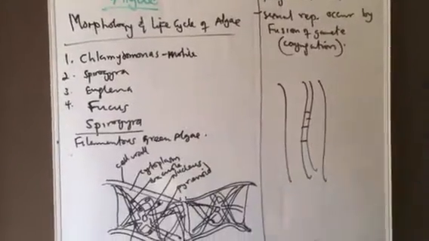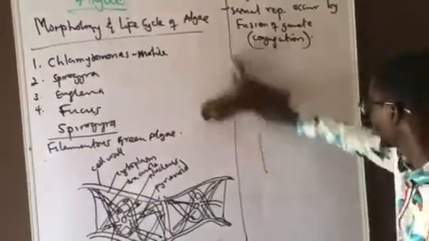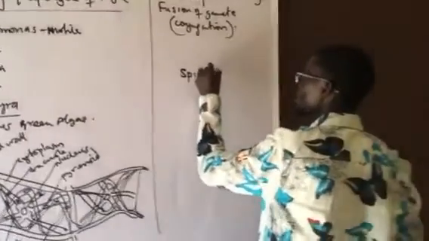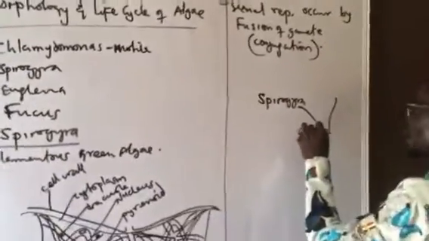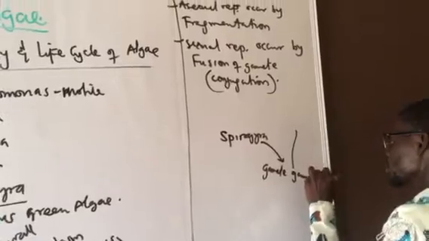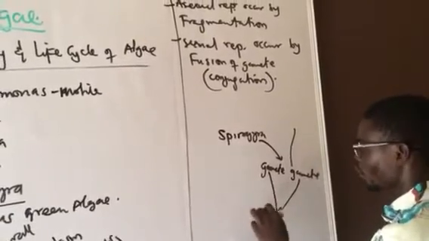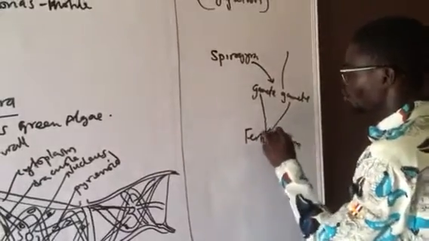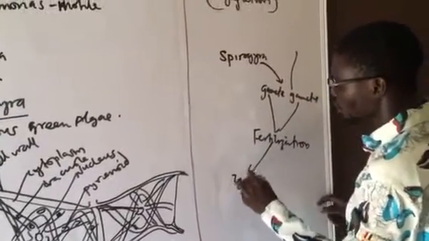So when fusion of gametes occurs in Spirogyra, let's say this is our Spirogyra plant. To carry out reproduction, we have gametes. Another Spirogyra will produce another gamete. So when these gametes come together, they form fertilization, and after that there will be production of zygote.